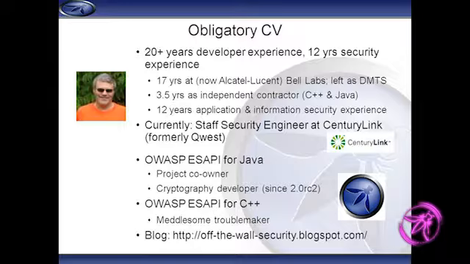The only major thing I'd add is that on the OWASP ESAPI project, so far I'm the only contributor who hasn't actually contributed any code. Personally, I like it that way because me and C++ don't get along too much. Basically, the other thing is I occasionally write a blog. Has anybody in here ever read my blog? That's good. You haven't wasted your time then.